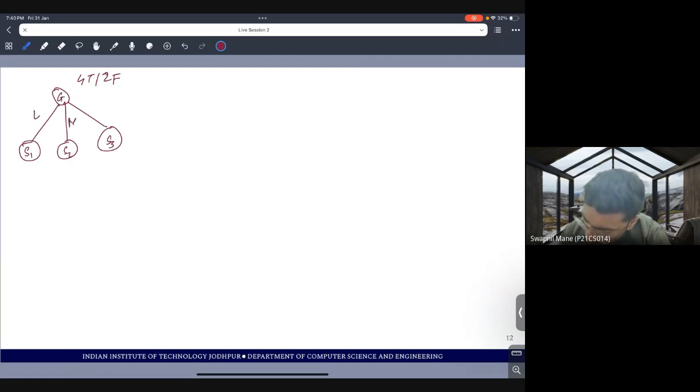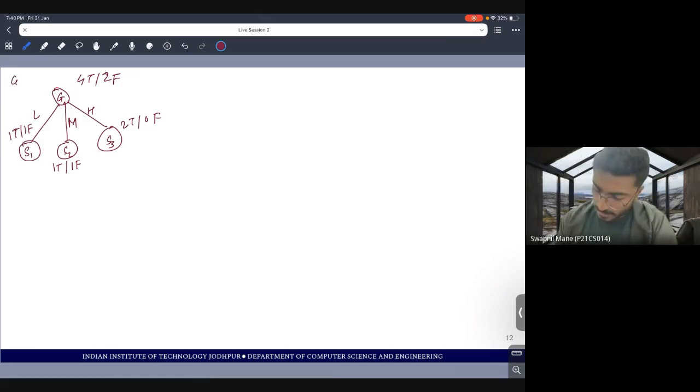Low, medium, and high: we get one true, one false here, one true, one false here, two true and zero false here. So this is for GPA, and we have to calculate the information gain.